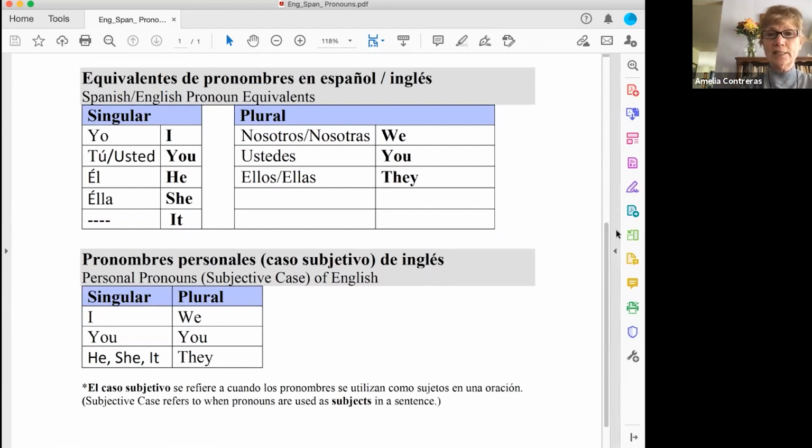between English and Spanish. The singular form of a personal pronoun in this subject pronoun is yo. And in English, it is I. In Spanish, you use yo more for emphasis and clarification, but not as a necessity.